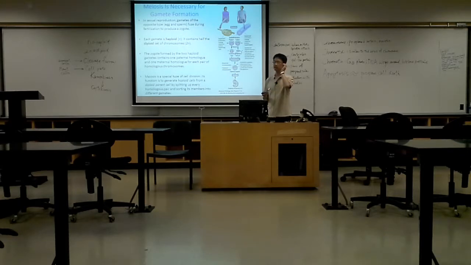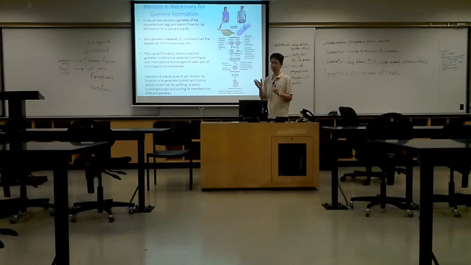The zygote, as I mentioned before, is the fusion of sperm and egg together. After you form the two haploid cells into one diploid cell, you have what we call homologous chromosomes. The reason is that one chromosome is from the father, the sperm.